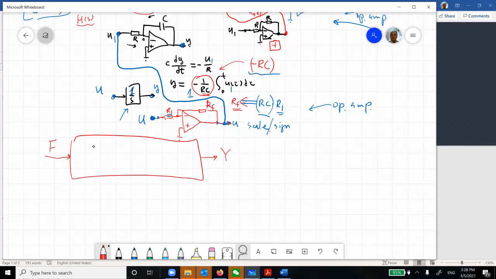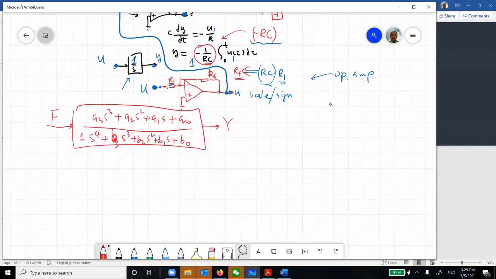Let me copy: A3 S cubed, A2 S squared, A1 S plus A0, over S to the 4th plus B3 S cubed, B2 S squared, B1 S, and B0. Again, this is relative degree 1, strictly proper, because this is 1.